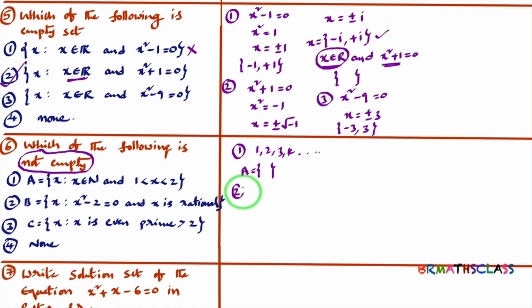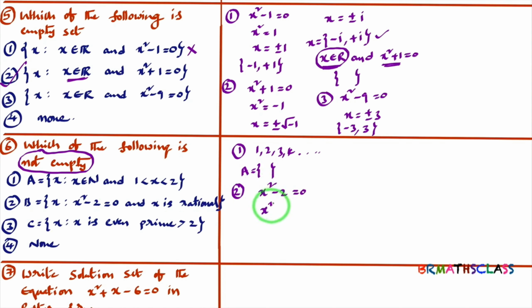Okay, go to the second option. See here what they are saying, x square minus 2 equal to 0 and x is rational. Rational number means you know the numbers in the form of p by q. What are irrational numbers? Irrational numbers means root 2, root 3, 2 plus root 3, 2 minus root 3, minus root 3, such types of things are irrational numbers. Here the equation is x square minus 2 equal to 0.